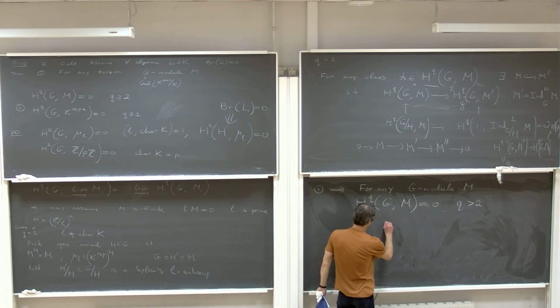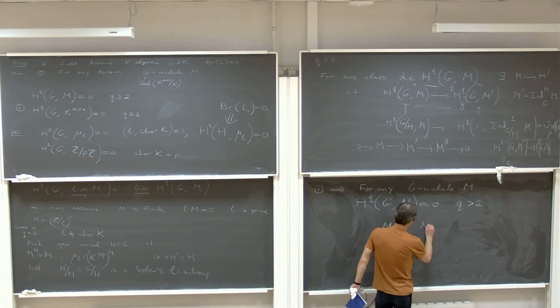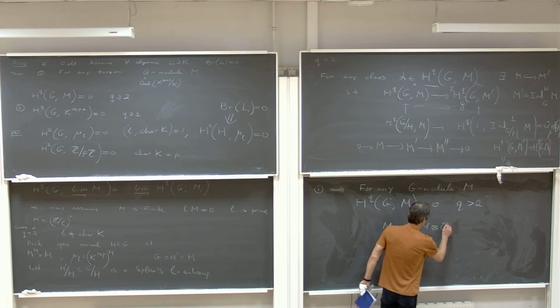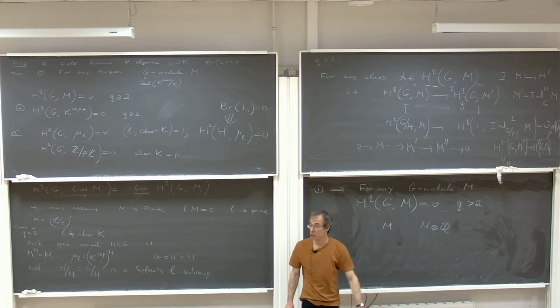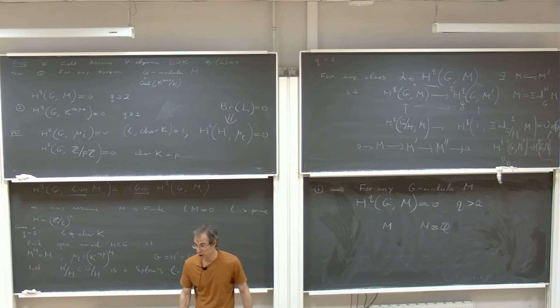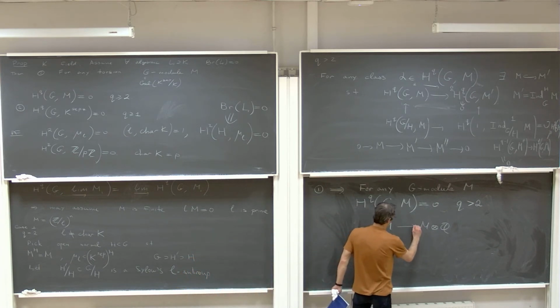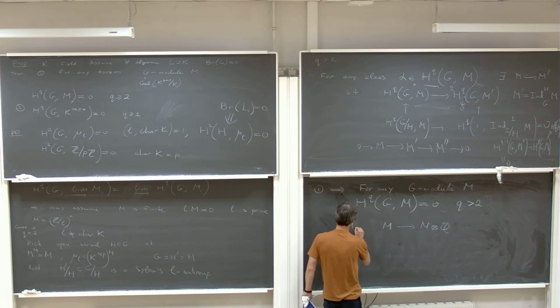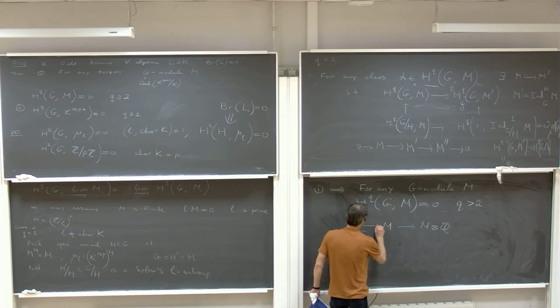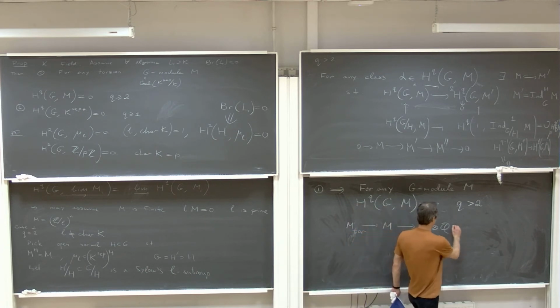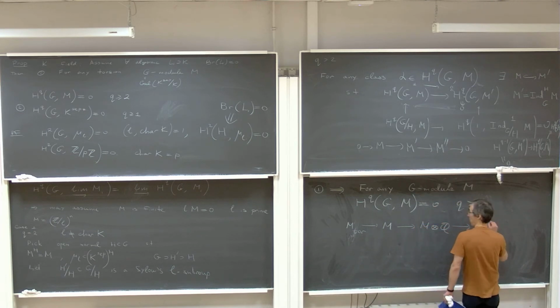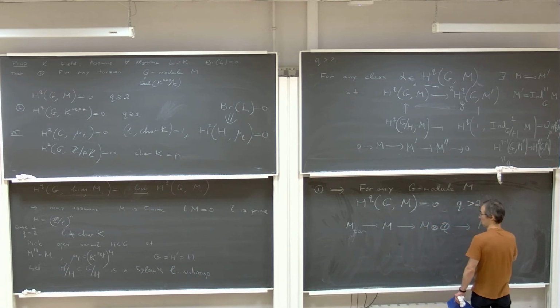So you just take M, and you consider M tensor Q. This is a rational vector space, so for this you know vanishing of homology groups. And here you have M torsion, and here you have some maybe M prime, which is also torsion.